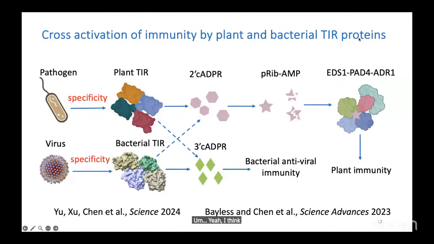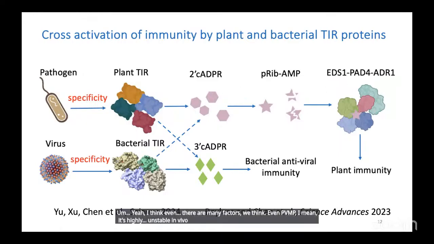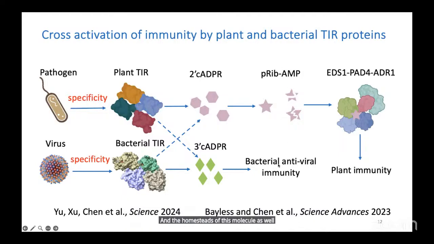Yeah, I think there are many factors. We think even pRib-AMP, I mean, it's highly unstable in vivo. There are definitely enzymes involved in the breakdown of pRib-AMP and the homeostasis of this molecule as well, because they are danger molecules, right?